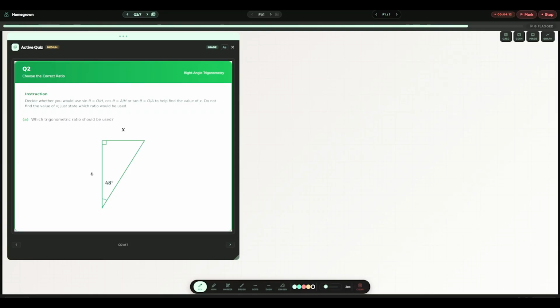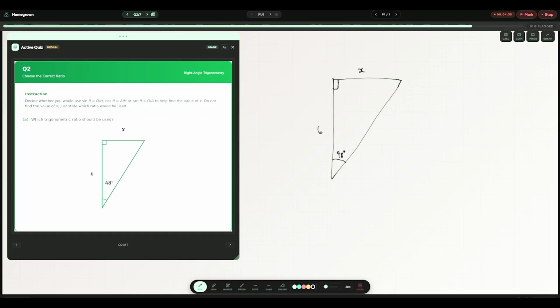Okay, let's look at another one. So here we have the same idea. We have a triangle, and on our triangle we have an angle we're interested in of 48 degrees. We have one side here which is 6 and one side here which is x. So let's label the sides first.